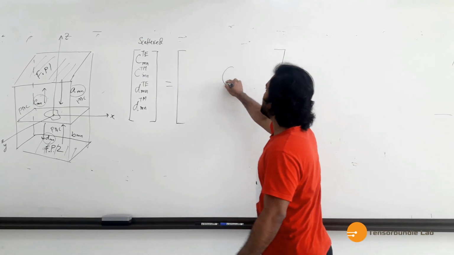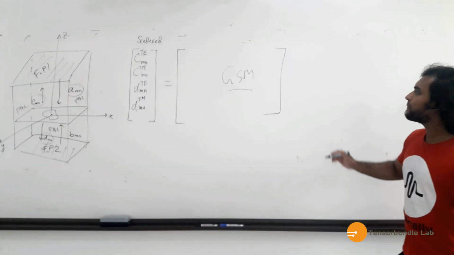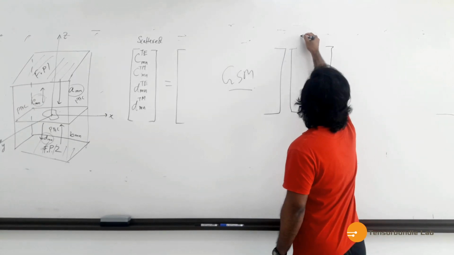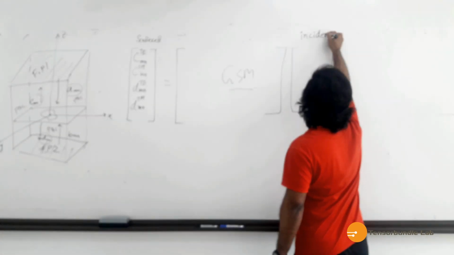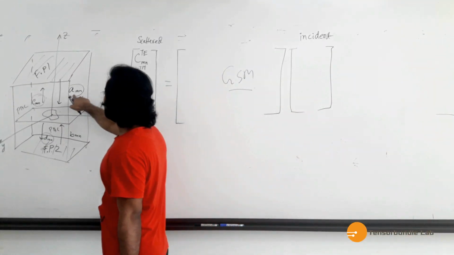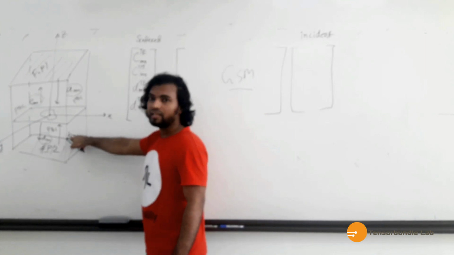GSM, or Generalized Scattering Matrix, I will write it later, it's a big one, and multiplied by the vectors which are incident waves, right? Now for port 1, the incident wave was A_mn, and for port 2 the incident wave was B_mn.